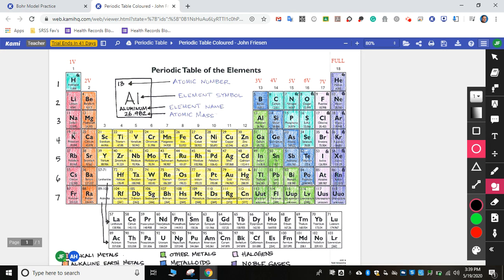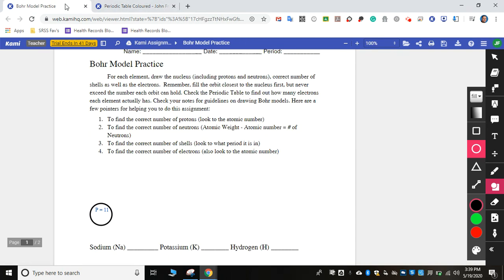We round that number to 23, because 22.9 best rounds to 23. 23 is our atomic mass, our atomic weight. Subtract 11, our atomic number. What do you get? If you got 12, you're correct. Remember, as you're going through this, to pause it and test yourself.